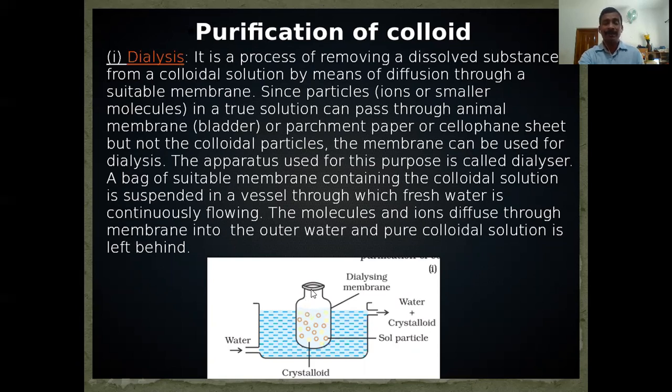Here the colloidal solution is taken inside, and it is covered with the membrane, which allows the passage of ions only. Usually animal membrane, parchment paper or cellophane sheets can be used.